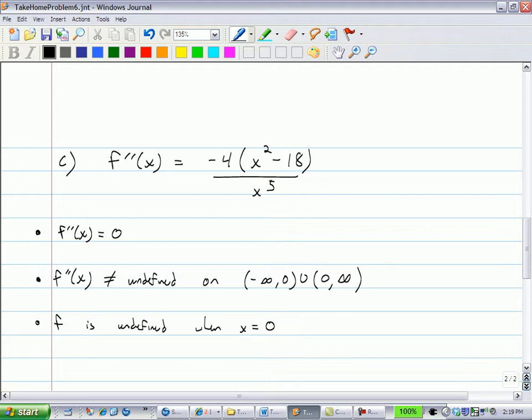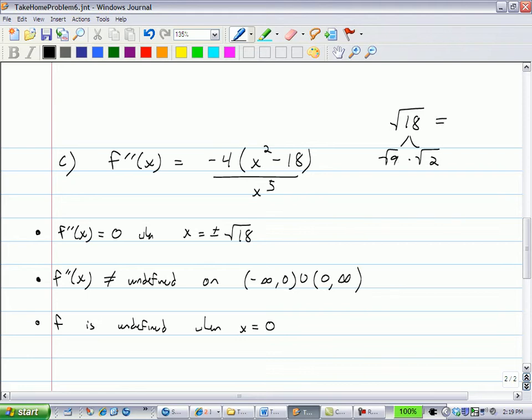x equals plus or minus the square root of 18. Cool. And just for fun, reducing radicals: any perfect squares in 18? Nine would be that perfect square. 9's there, 2's there.